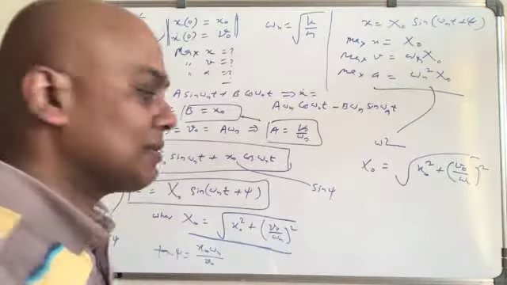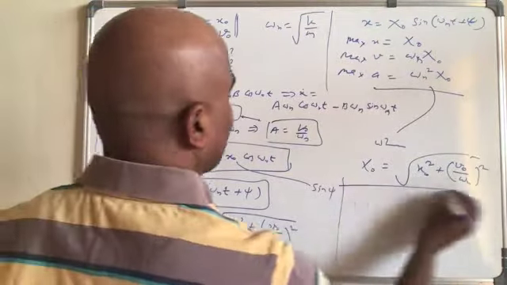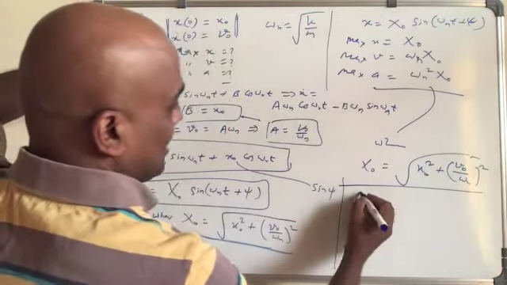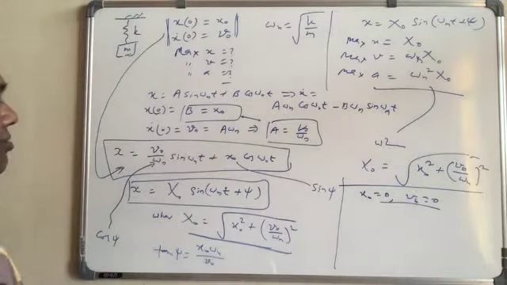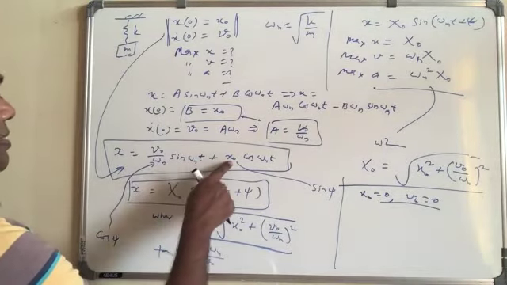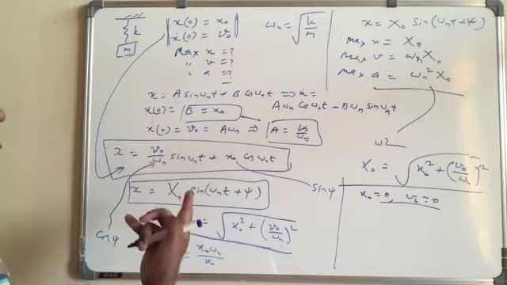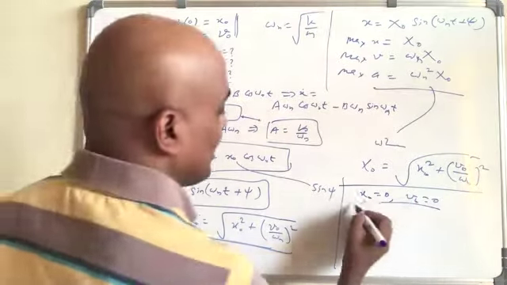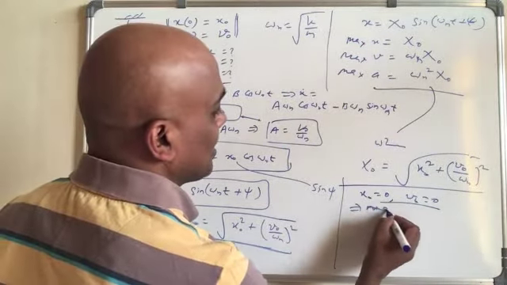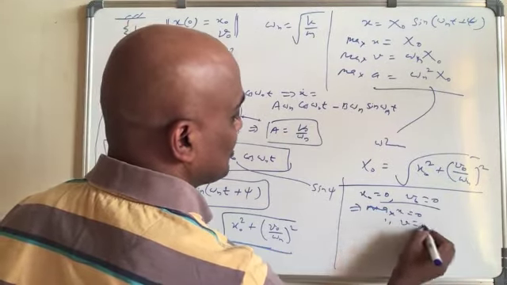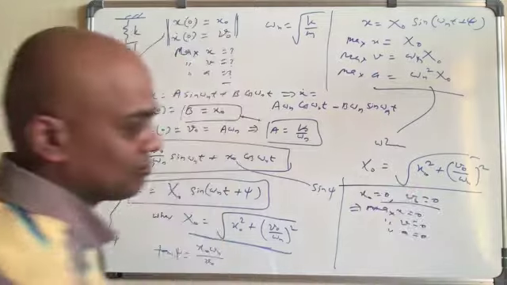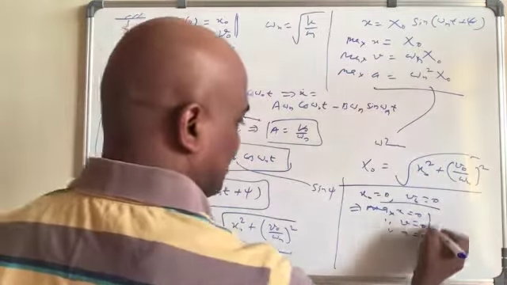But I also asked questions like x naught equal to 0, v naught equal to 0. It's too easy. If you put x naught equal to 0 and v naught equal to 0, x equals 0, so maximum x equals 0, maximum v equals 0, maximum a equals 0. Trivial answers.